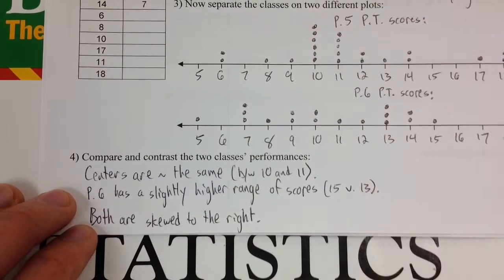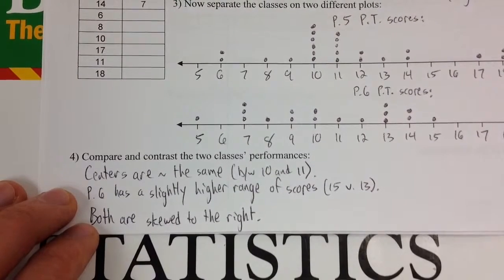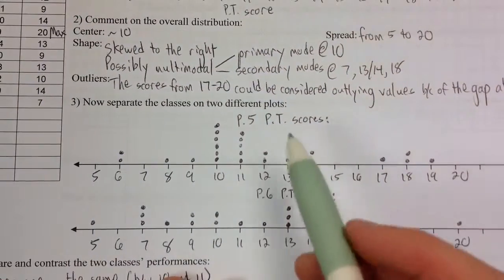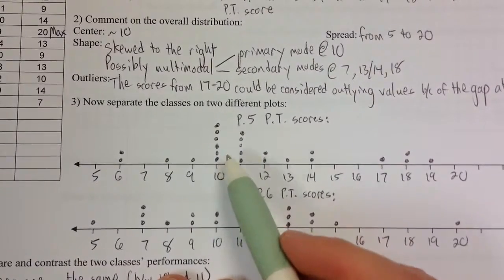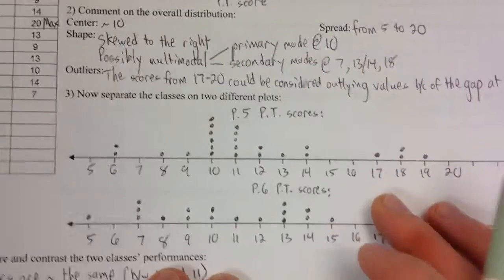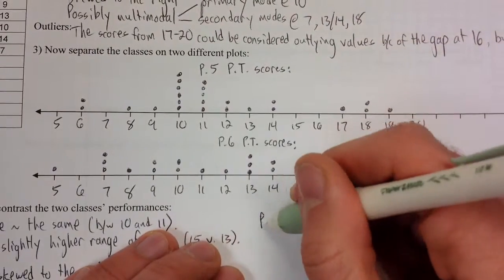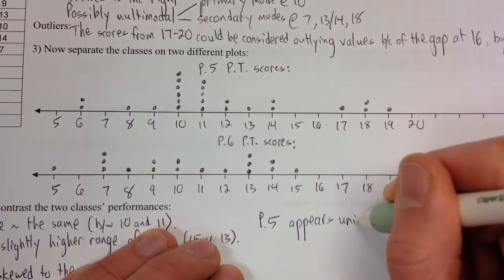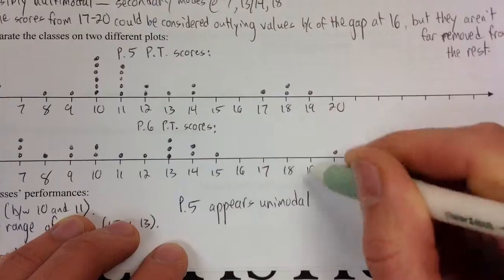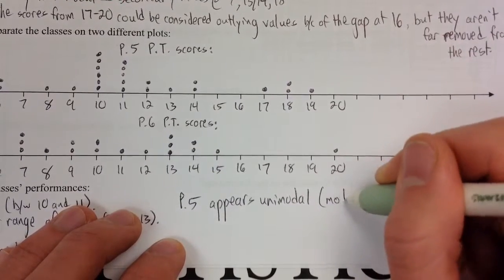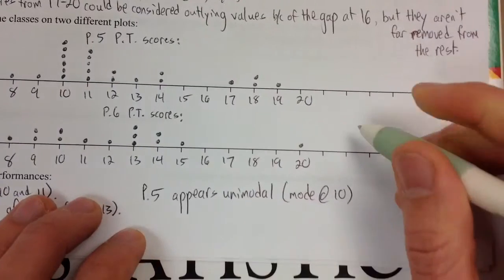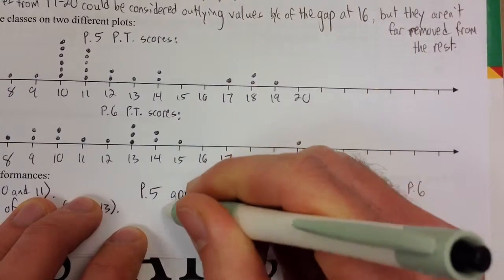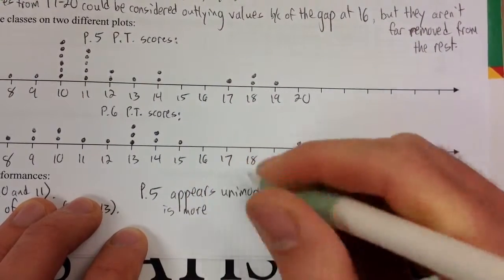Period 5, one could argue, is unimodal. You can get into a multimodal discussion there, but it definitely has the more distinct primary mode versus period 6, which is more uniform. Period 5 appears unimodal, with a mode at 10, whereas period 6 is more uniform, more evenly distributed.